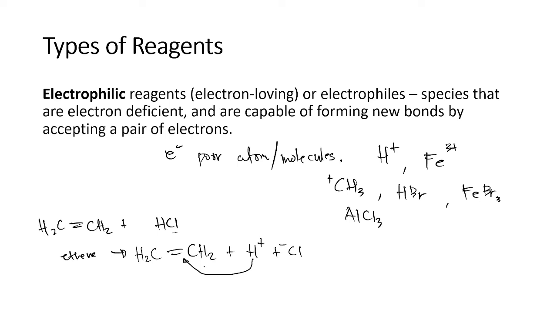This is what we call an electrophilic attack, meaning this reaction is an electrophilic reaction, in which we will have a product which is CH2, and we will have here our hydrogen, and we will have here our CH2 and our chlorine.